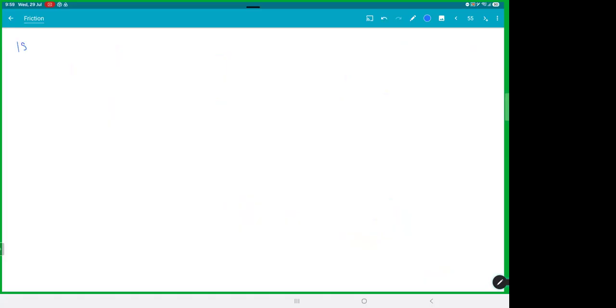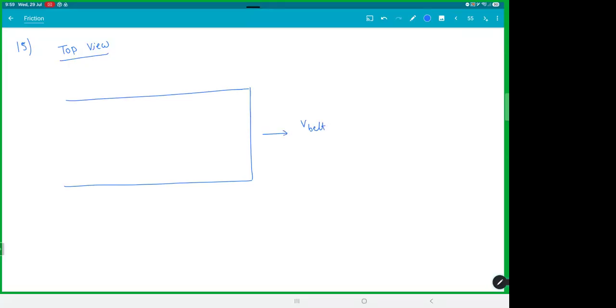This is even better. This is the top view. You're seeing from a drone or something. We have a conveyor belt. The belt is moving with a constant speed of 3 meters per second.